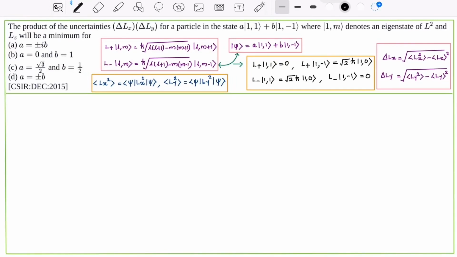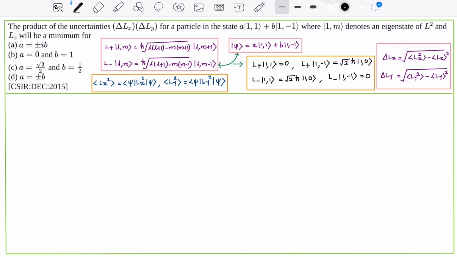Problem 85, Quantum Mechanics. The question is: the product of the uncertainties delta Lx delta Ly for a particle in the state A|1,1> + B|1,-1>, where |l,m> denotes an eigenstate of L square and Lz, will be minimum for?